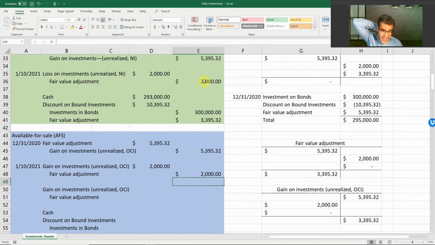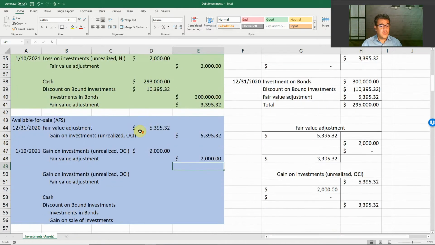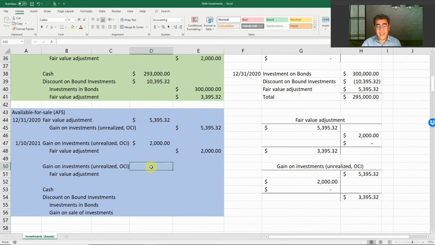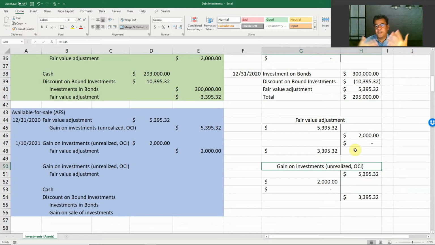Okay? And we are selling this investment here. So we don't have the gain anymore. We will close this account here, and we will also close the fair value adjustment. These two accounts, we will have the same ending balance for each investment. Maybe if we combine a lot of investments, they will not have the same ending balance because we have gains, losses and so on.